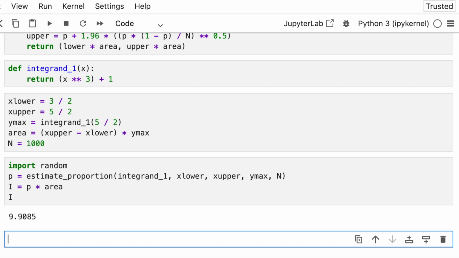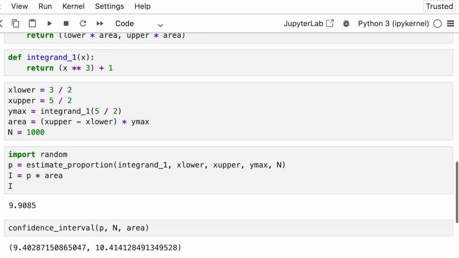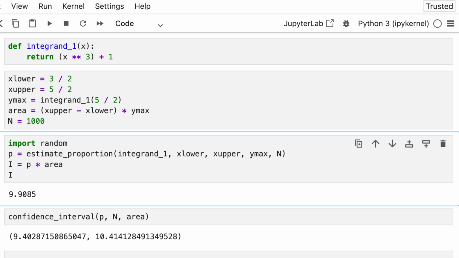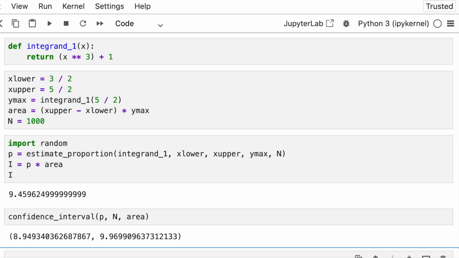I could find the confidence interval, which would give me that I am 95% confident that the value of that integral lies between 9.4028 and 10.4141. Now what you will notice is that if we run this again, we will get slightly different values.